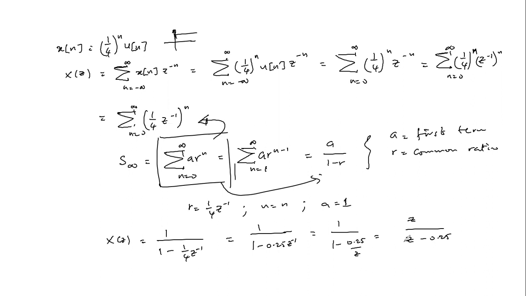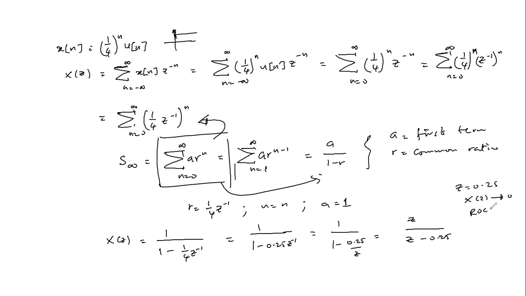Now if you look carefully, when z is equal to 0.25, the transform is forced to infinity.